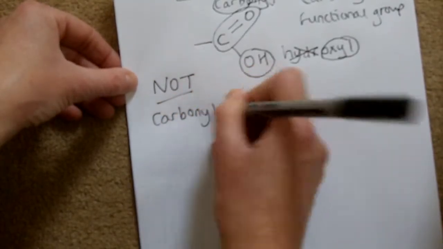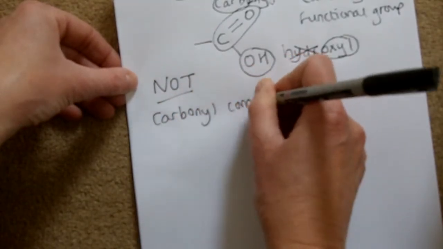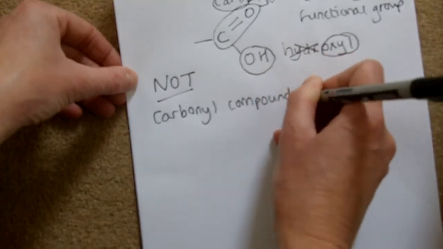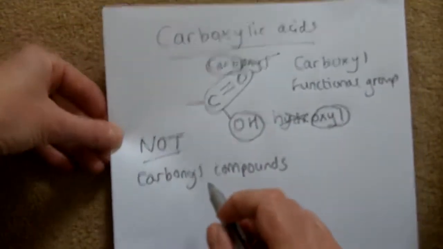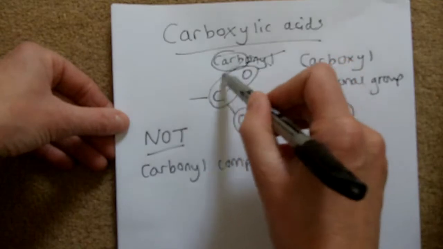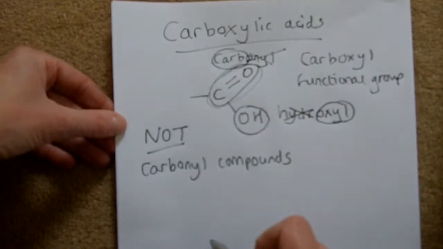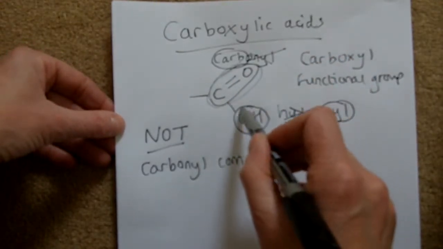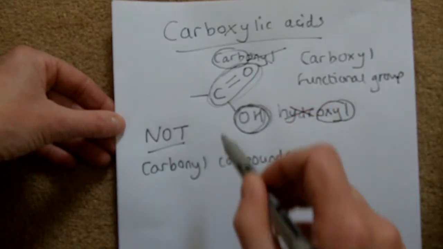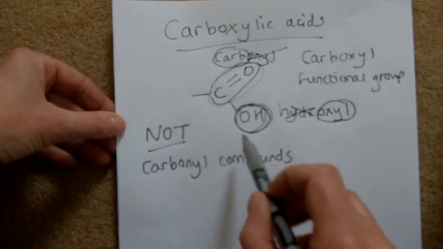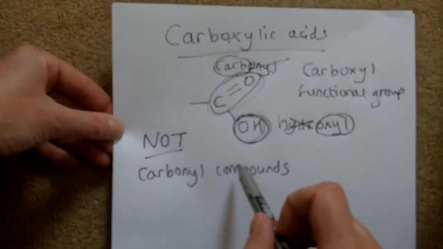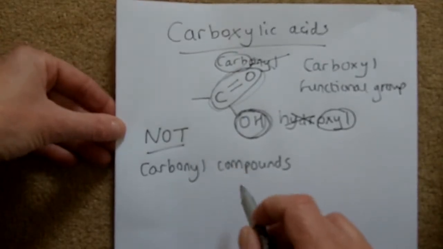They do not react in the same way as aldehydes and ketones. Just because they've got the C double bond O does not mean that they react in the same way. By having the OH there, that changes the chemistry of these functional groups considerably.